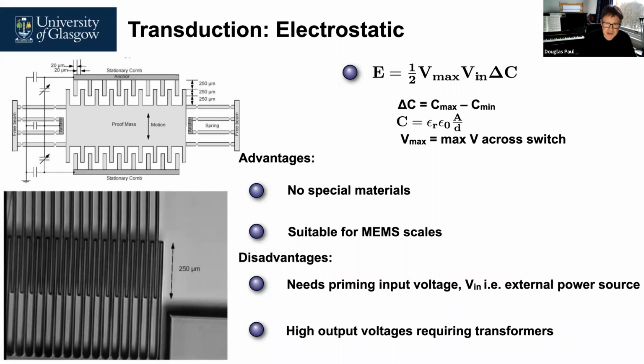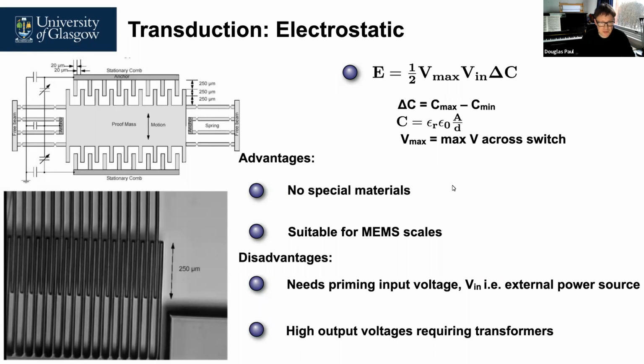The big disadvantage is you need an input voltage. So that's fine if you have a battery or you have power available, but otherwise you need some sort of external power source, and that's not always available for every application you might look at. High output voltages require transforming. Well, one of the advantages here is that the output voltage is high, partly because you also need this input voltage.